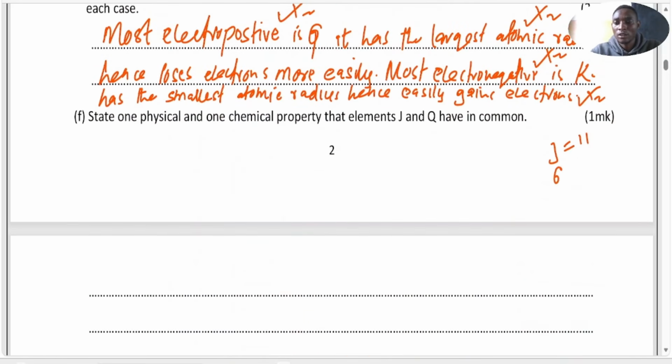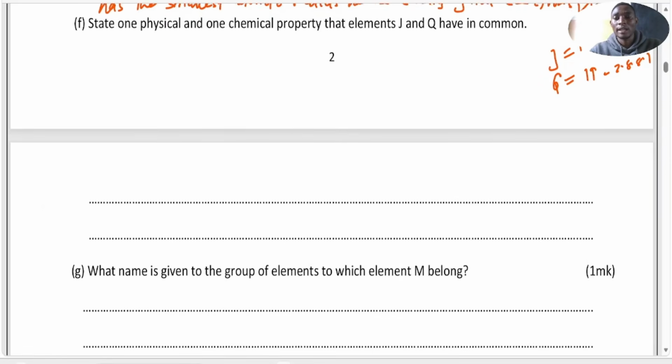So Q is 2, 8, 8, 1 and J is 2, 8, 1. These are elements in the same group, and these are alkali metals, group 1 elements.